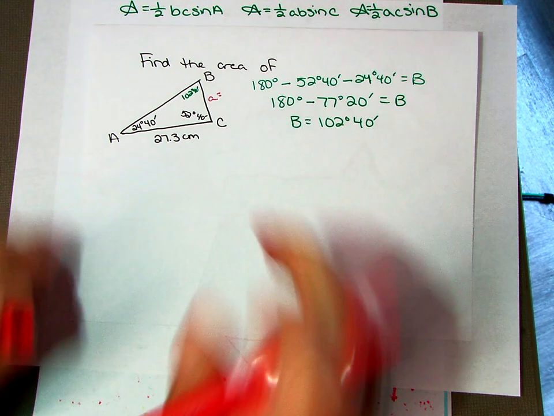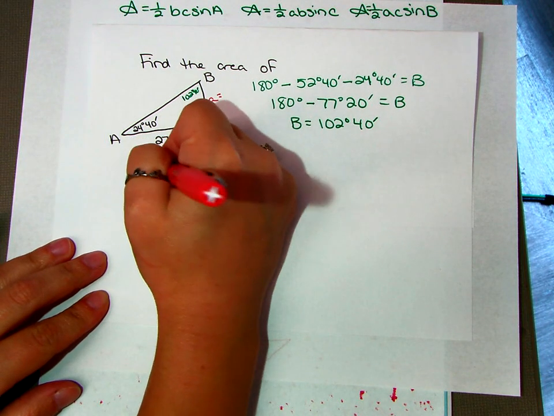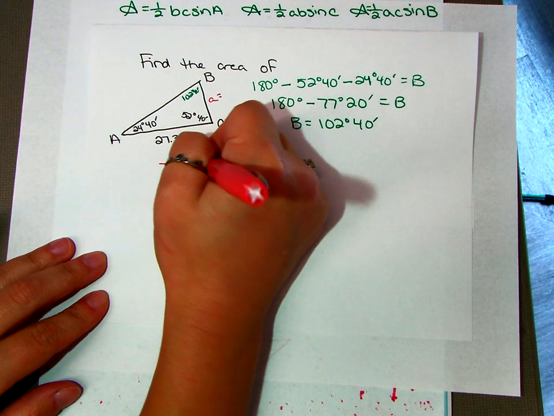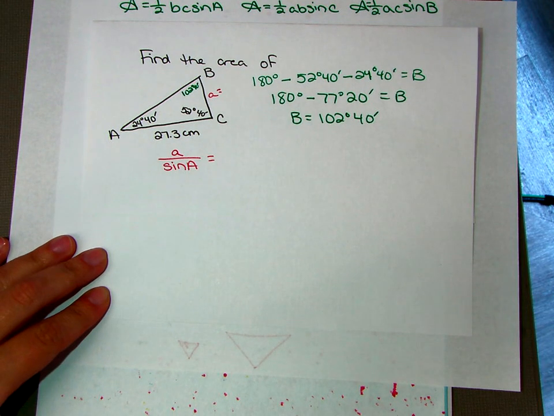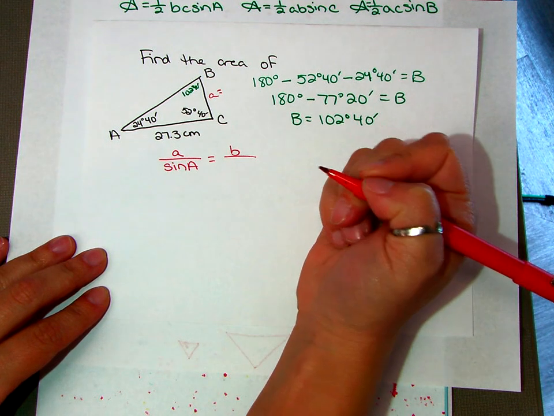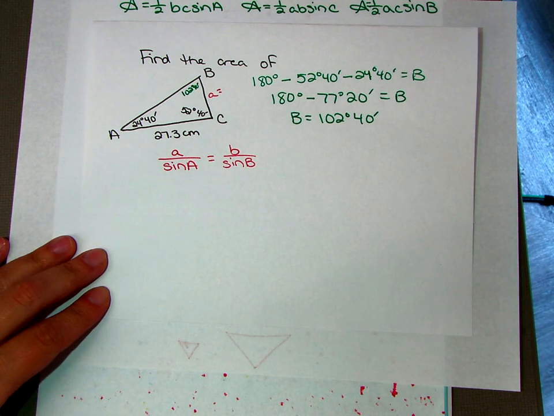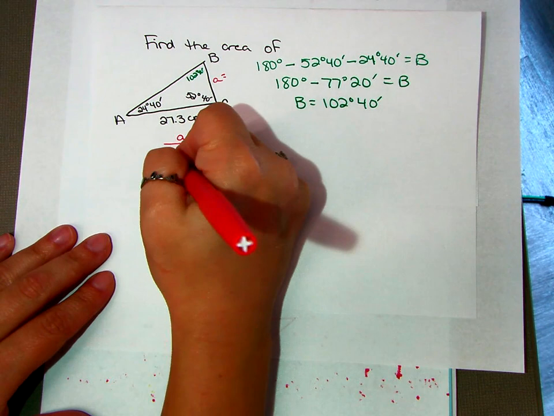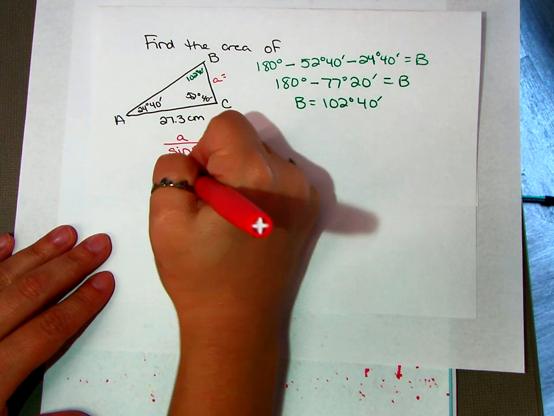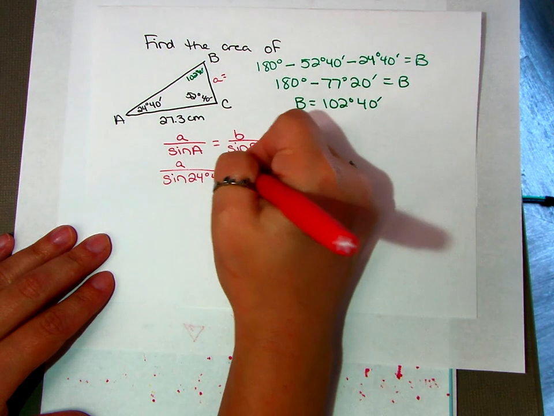So to find your side, you're going to have to use your law of sines. And I did B over sine B because I don't know what side C is. Sine A is 24 degrees 40 minutes. B we have is 27.3.